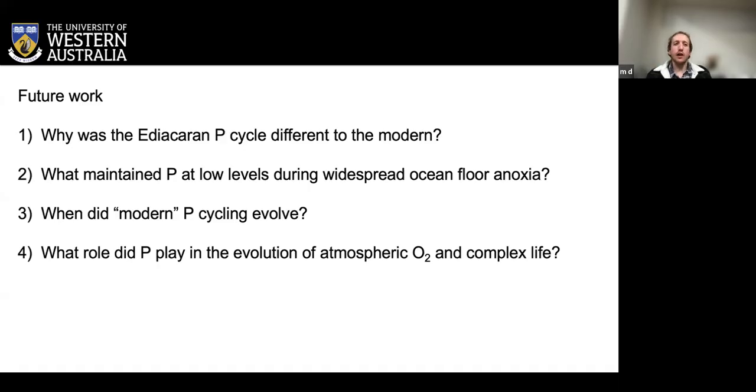But moving on to the other part of the question, do we see phosphorite deposits during the Shuram excursion or the Doushantuo? Yes, we do. Although they are not widespread. They form in specific oceanic regions.